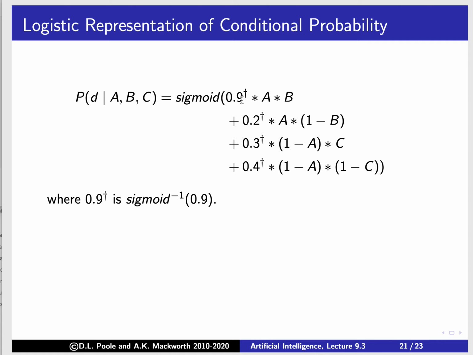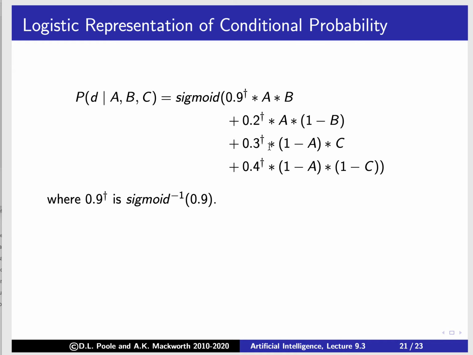If A and B are true, then I'm going to use this value here, but I'm going to take sigmoid to the minus 1. So that's going to give the probability of D given A and B is true. If A and B are both 1, then this is 1 and the rest is 0. If A is true and B is false, then only this one has a value, and you end up with 0.2 as the probability because this is the inverse.